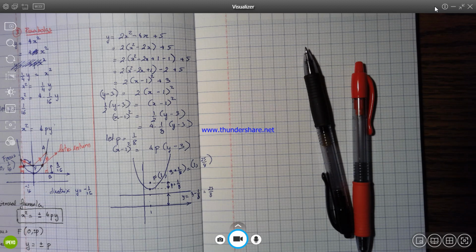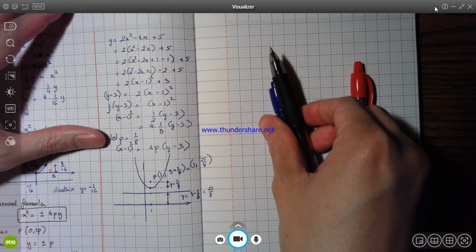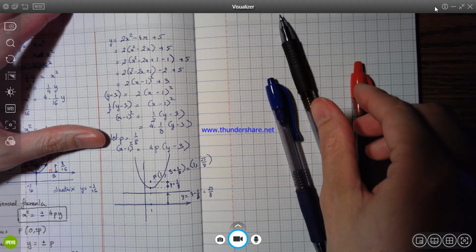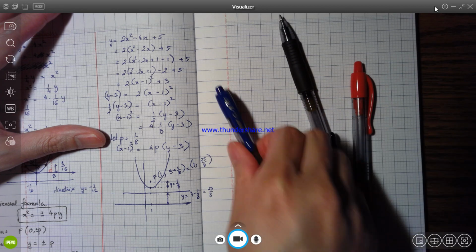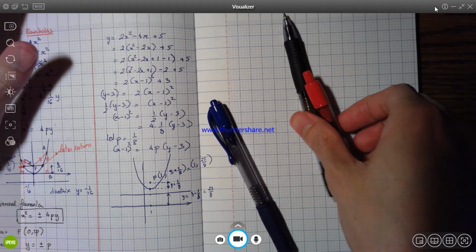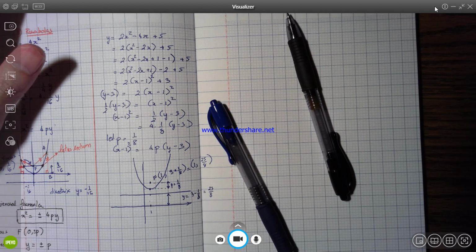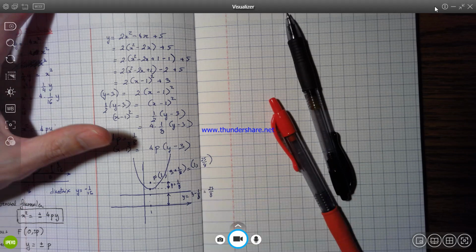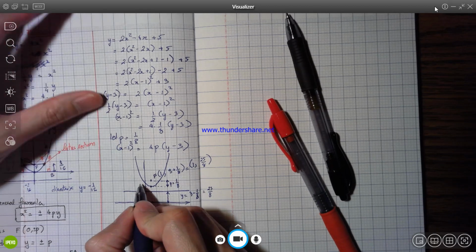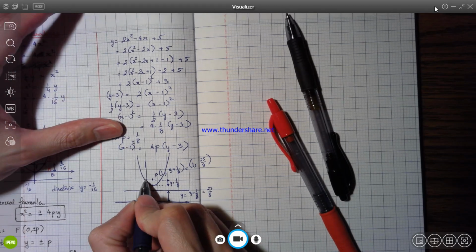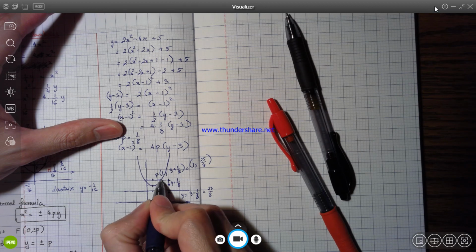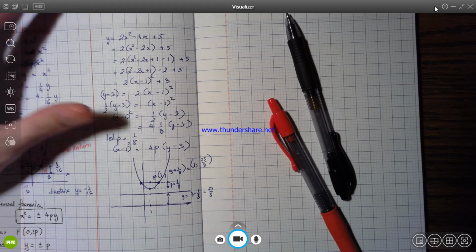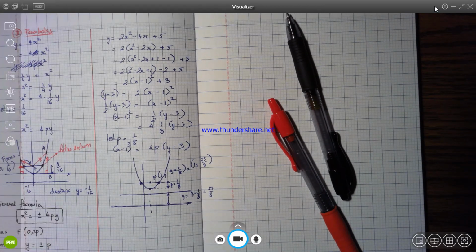Alright, so from here, let's see what else I have. One more thing, I'm gonna talk about the latus rectum. We also have a latus rectum right here. We don't know the coordinate for the latus rectum, but we can find it easily.